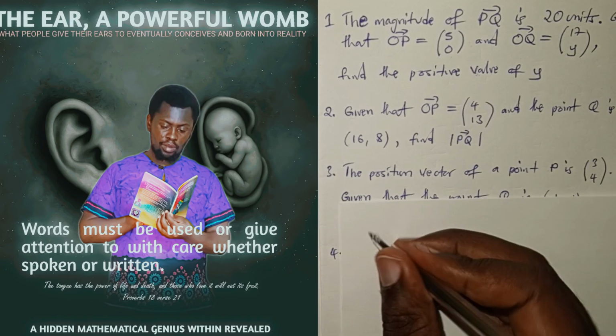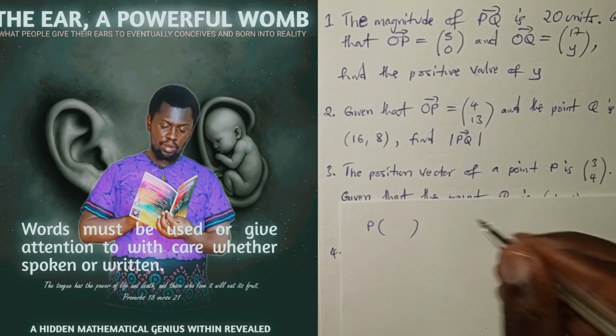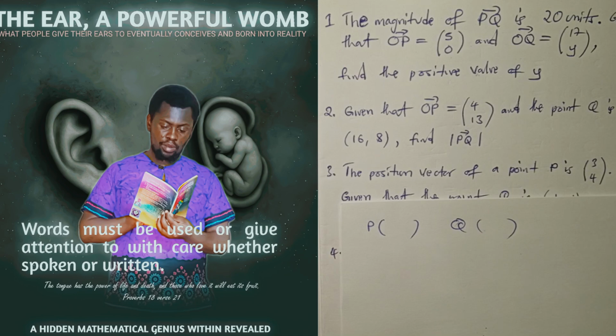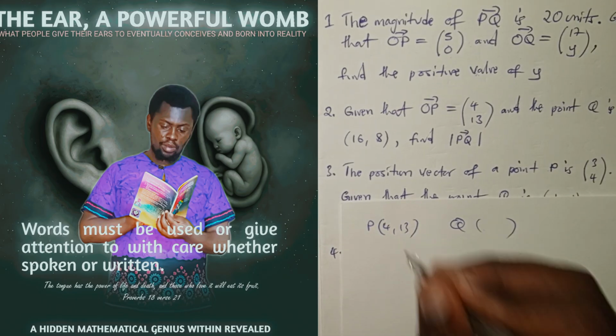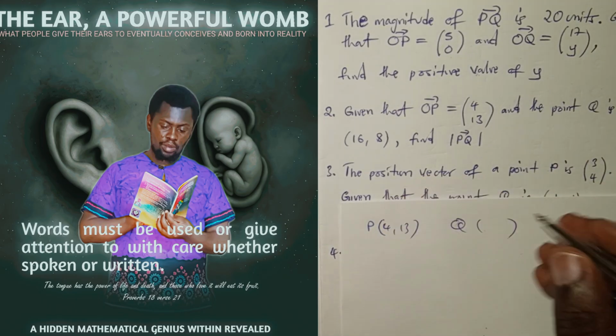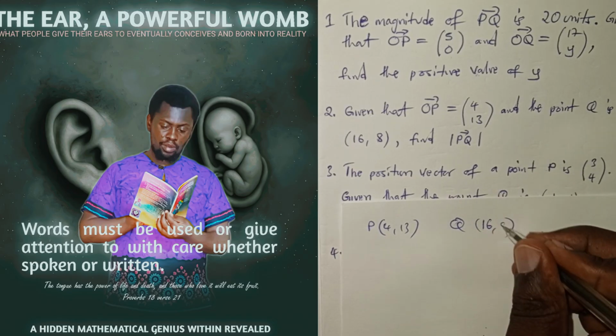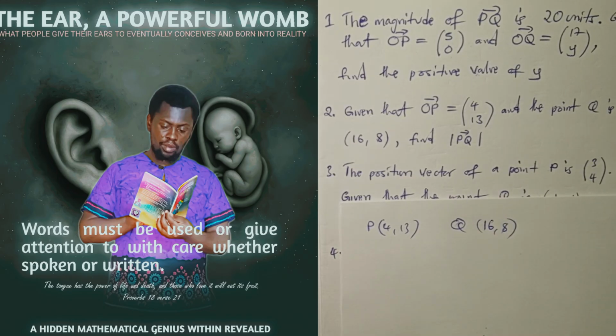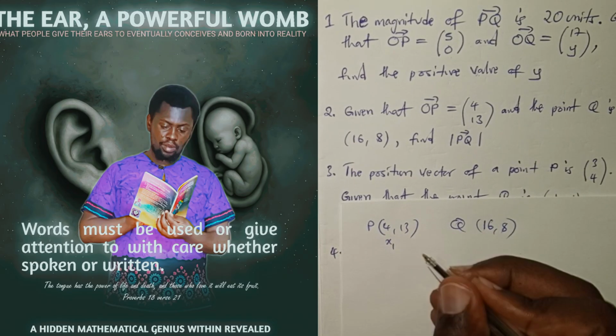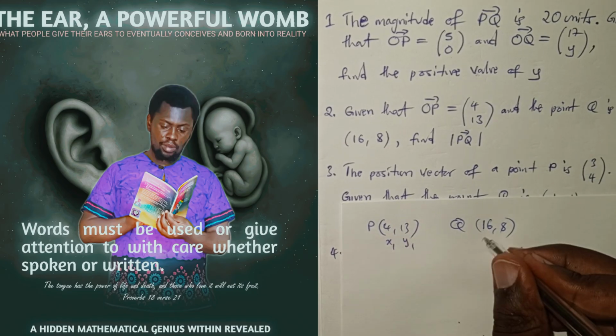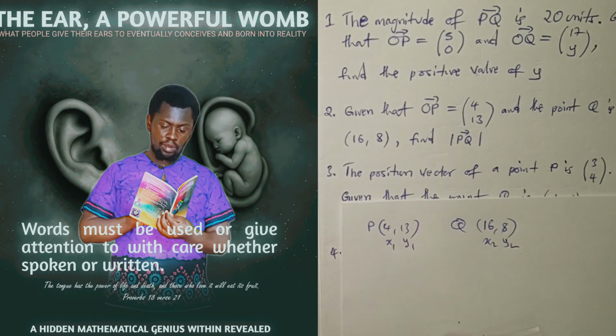We need to have the point P and the point Q. So the point P, we'll get it from the position vector OP. So as a point, it will be just 4,13. And the Q as a point, we already have 16,8. Okay, so that is x1, y1, x2, y2.